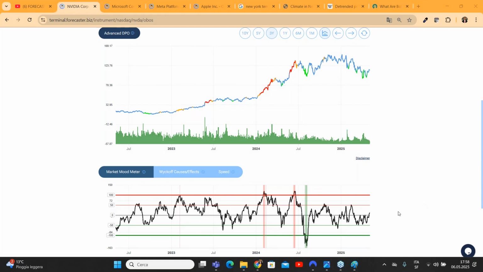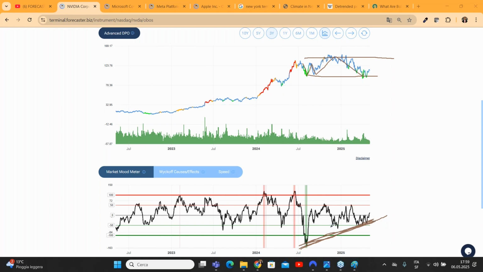Okay, and for example, at this moment, we can definitely say that here, during all this period where the Nvidia shares just moved sideways, okay, the indicator is telling us that the buying pressure is growing and growing and growing, okay?